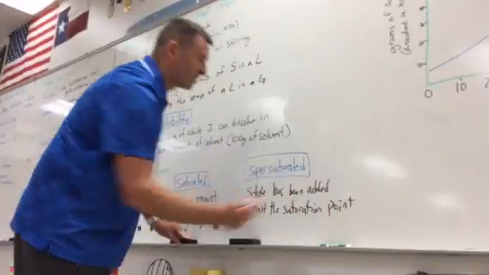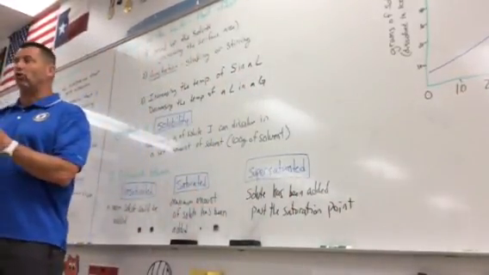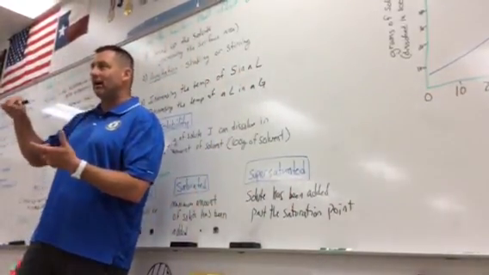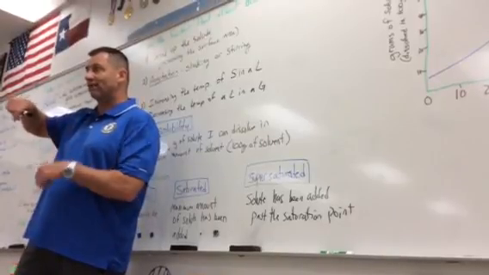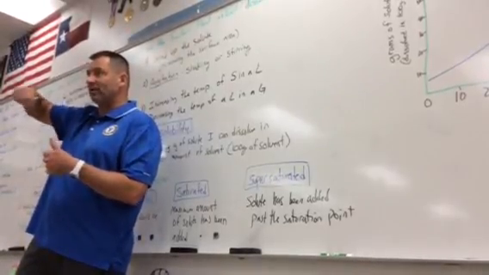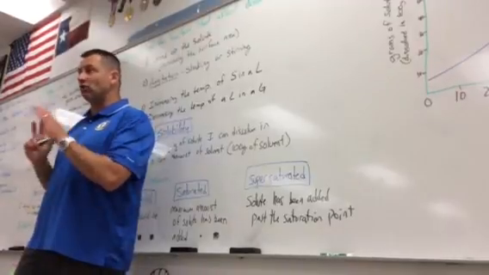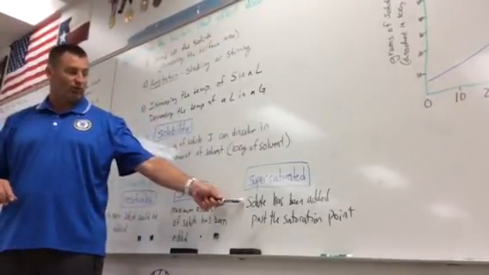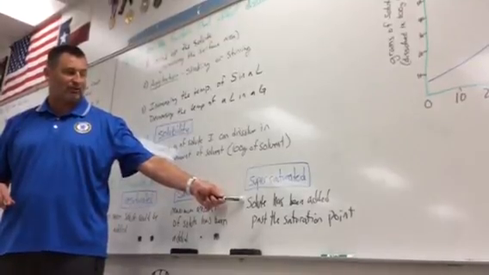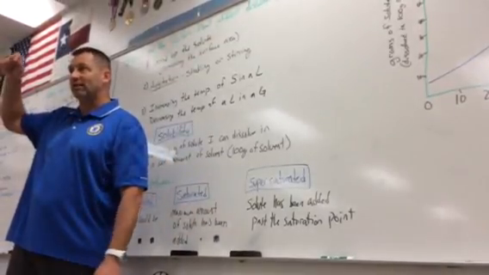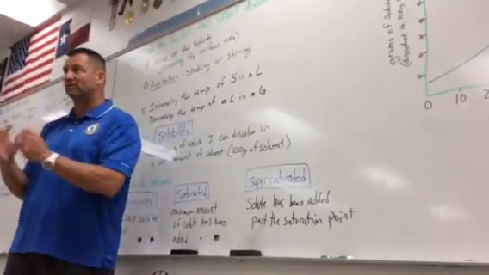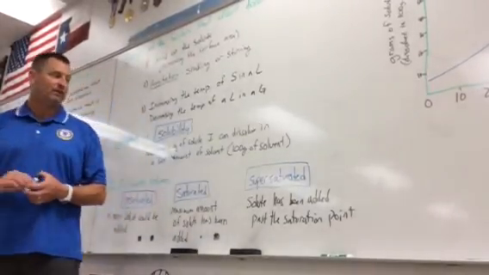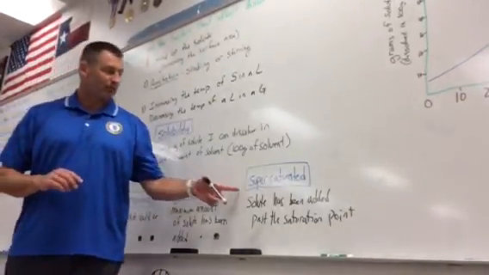Now, in most supersaturated solutions, what they do is they add a whole bunch of solute, heat it up, because you can add more solute if the temperature gets hotter, stir it in, stir it in, stir it in, and then they cool the solution. So if they do that, then there's actually more solute than that solution can handle. And so one more little crystal added in will make a whole bunch of it settle out. It's kind of cool. We're going to do that in lab on Friday. All right, so that's supersaturated.